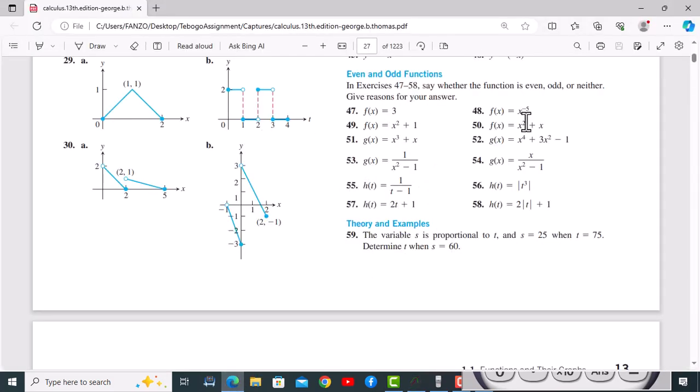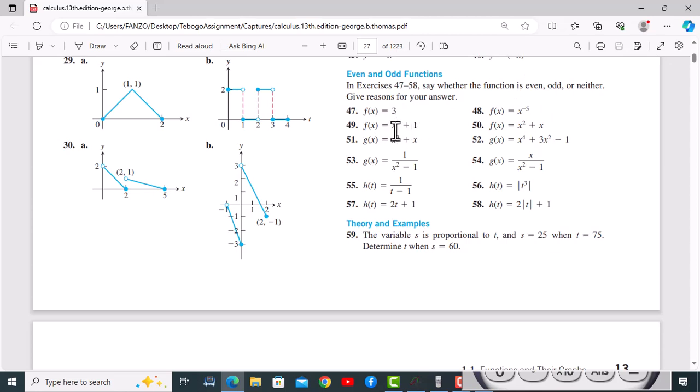Remember this is minus 5. So we know even numbers, we also know odd numbers. There is no odd number that is negative. Remember, we start from 1, 3, 5, 7, and so on, even 2, 4, 6, 8, 10. So this is neither. Why? Because the exponent is negative there.